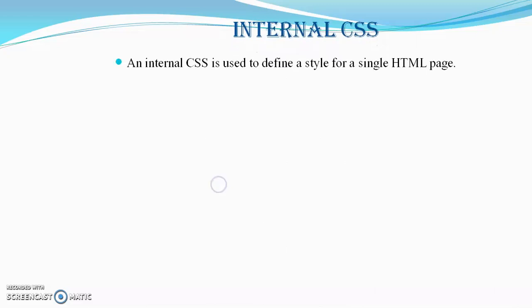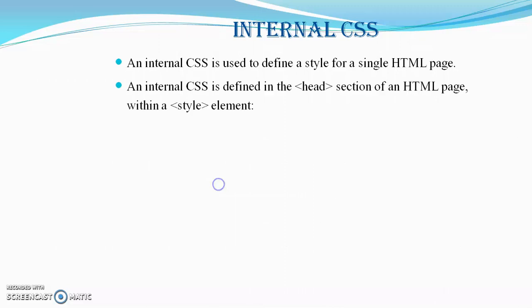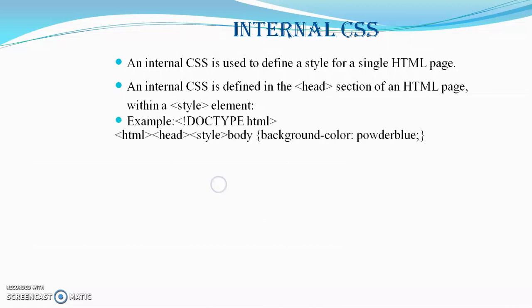After this, internal CSS. This is used to apply CSS on a single document or a page. It can affect all the elements of the page. It is written inside a style tag within a head section. For example, doctype HTML, it is written inside a style tag.